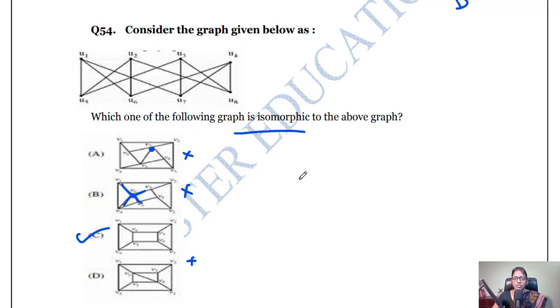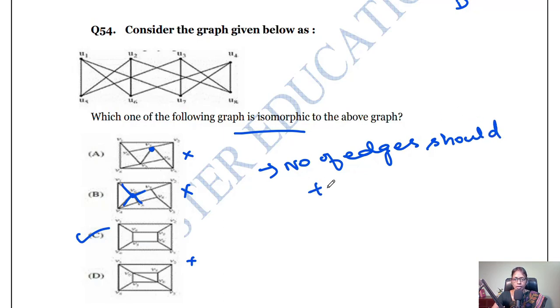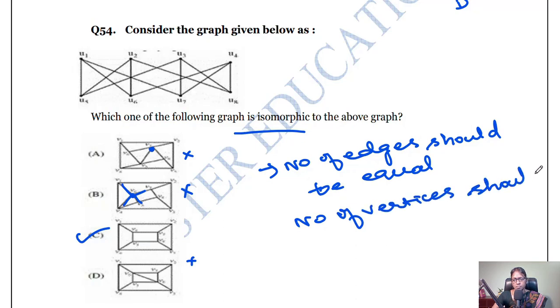Isomorphic means the number of edges should be equal for this graph and this graph. And the number of vertices should be equal.